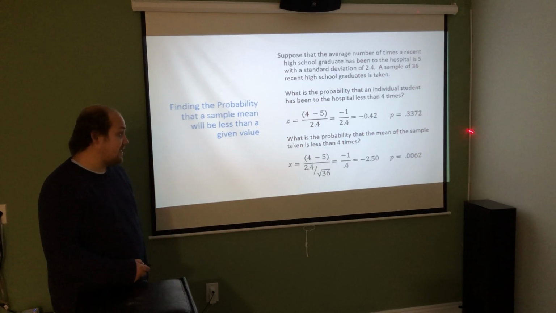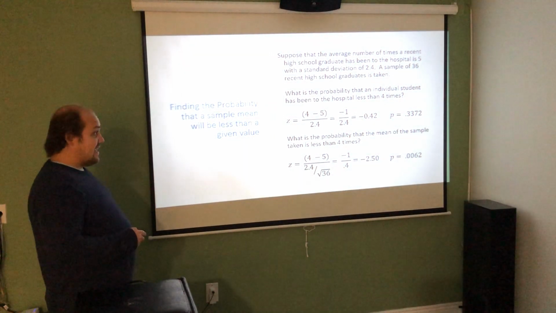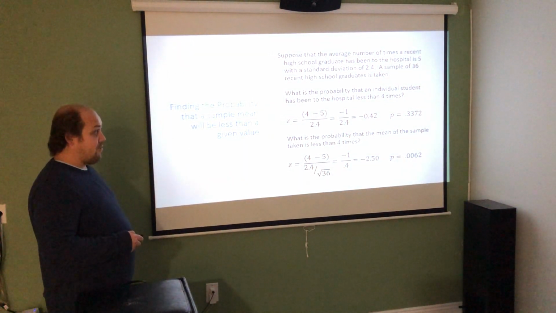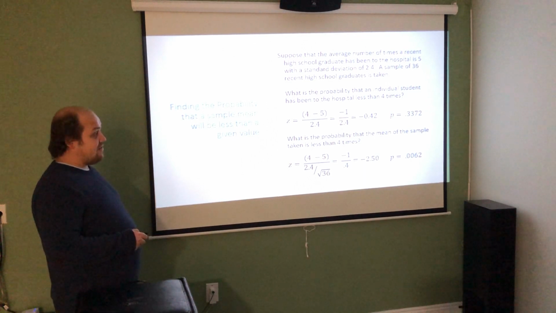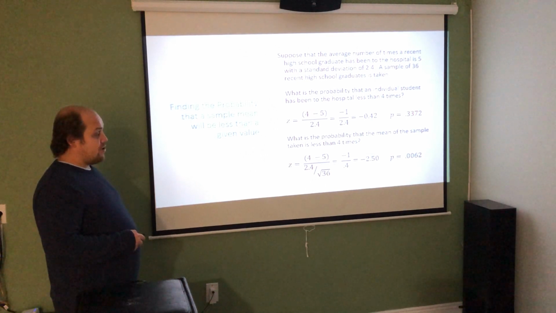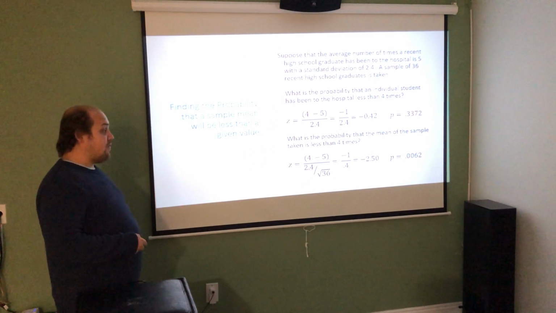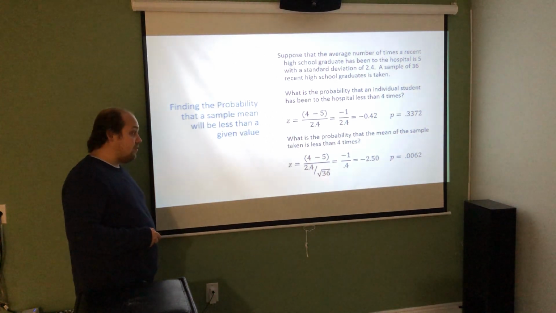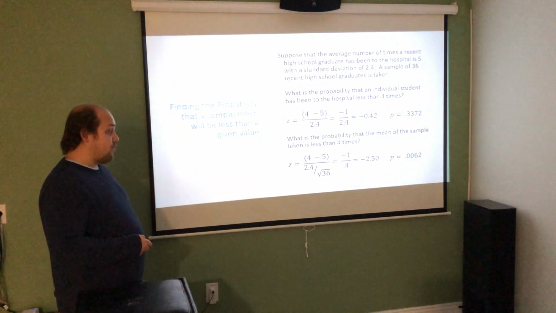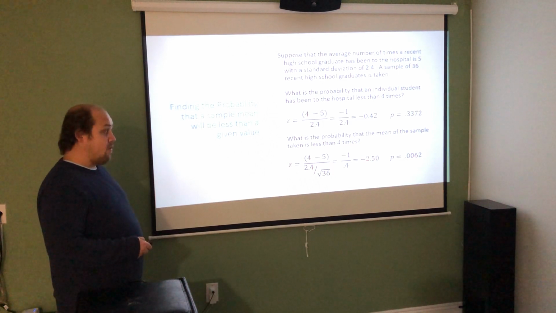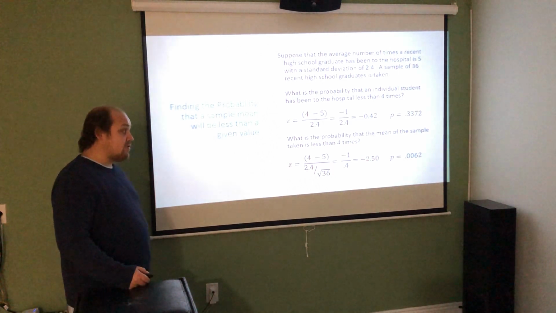So here we can see z, 4 minus 5 over 2.4 gives me negative 1 over 2.4, which has a z-score of negative 0.42, a p-value of 0.3372. As opposed to when we do it for the mean of a sample, when we're taking 36 observations, then it becomes negative 1 over 0.4, which is negative 2.50, and has p-value 0.0062.